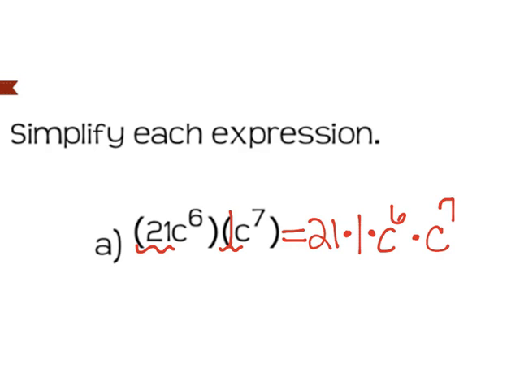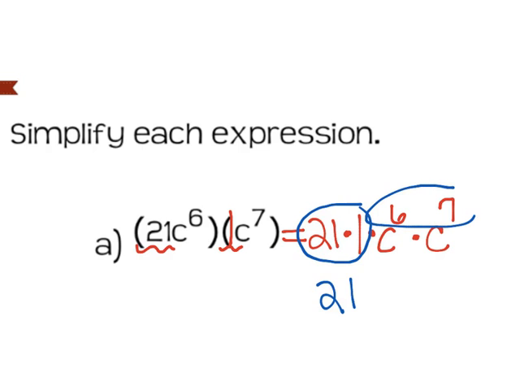Now all we've done in this step is to expand the information. And now we can go ahead and apply our product of powers. We're going to multiply the coefficients, so 21 times 1 is 21.